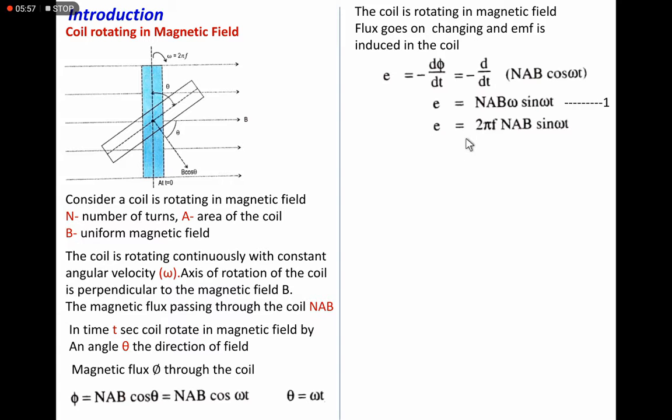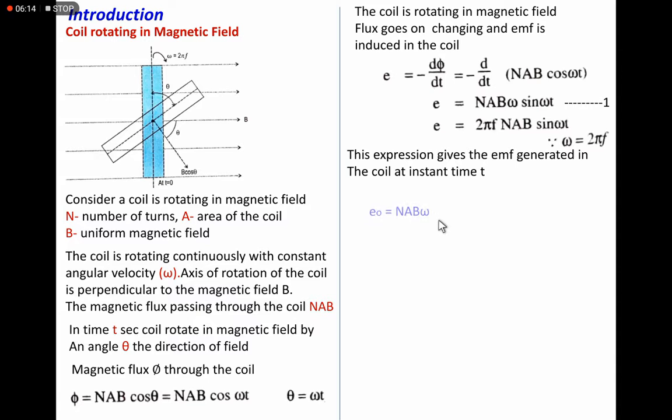So the EMF induced in the coil is related to the frequency of rotation of the coil in the magnetic field. Omega is 2 pi f, then the expression is E is equal to NAB omega sine of omega t. This gives us the EMF induced in the coil.